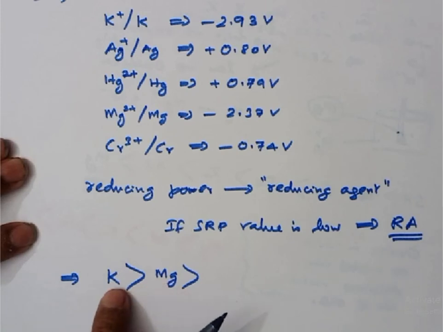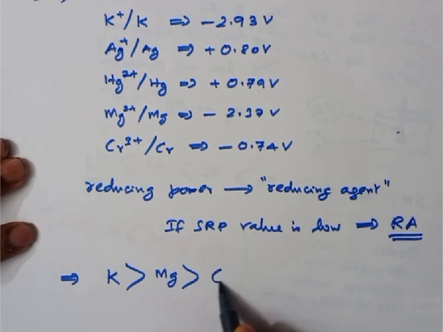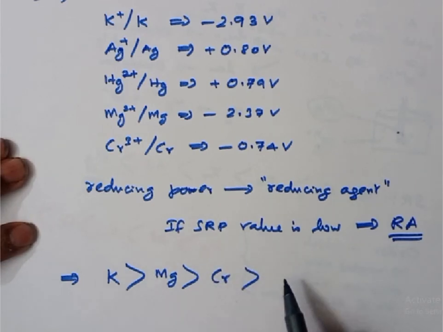Compared to potassium, magnesium has a little higher SRP value, and higher SRP value means reducing power is less compared to potassium. Then after magnesium we have chromium, after that silver, then mercury. Okay, take down.